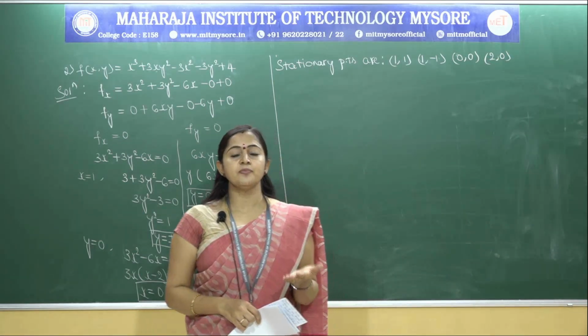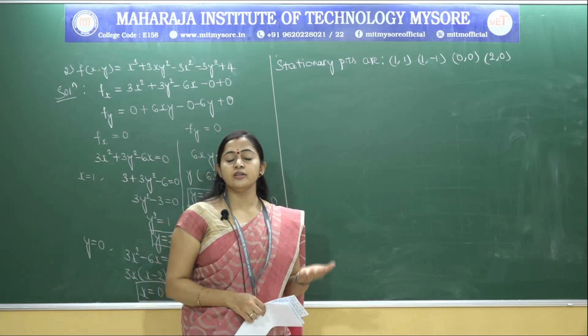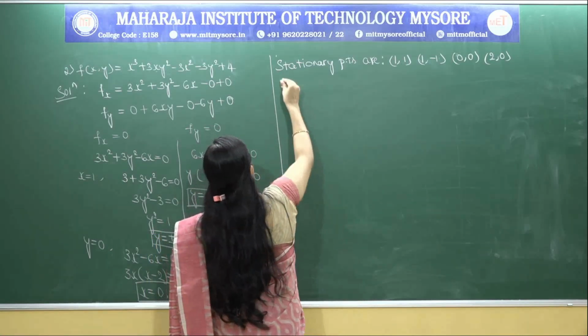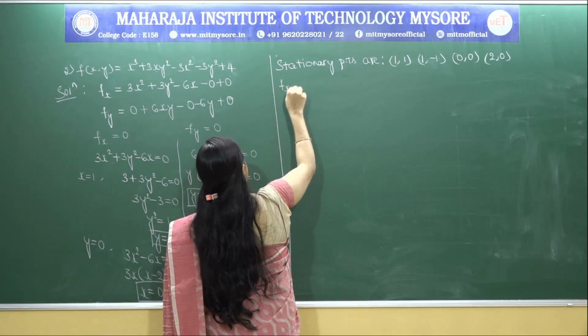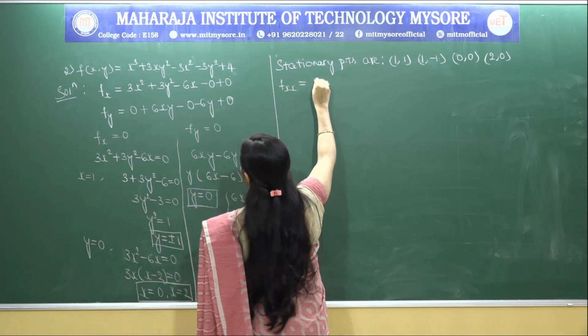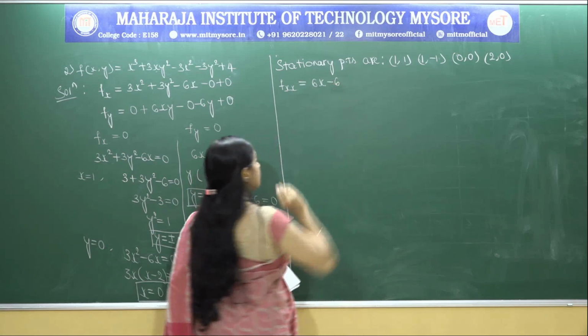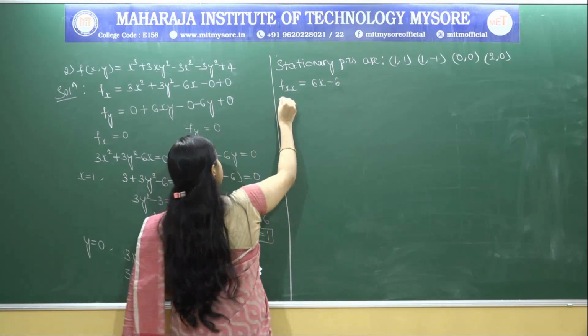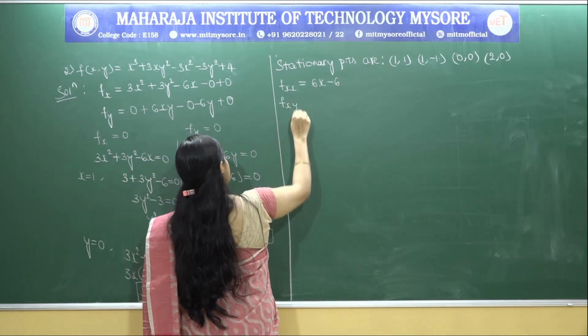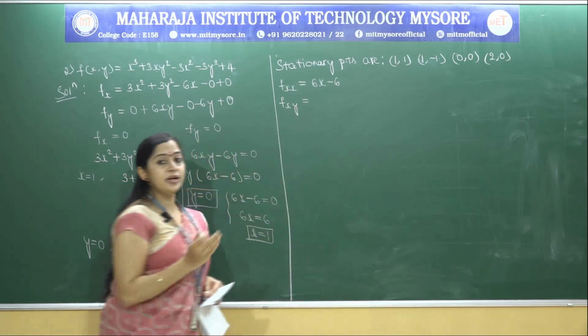In the next procedure, you have to find the second order derivatives. The first one, f_xx: we will get 6x, the second term 0, the third term is 6. Next, f_xy: differentiate f_y with respect to x.